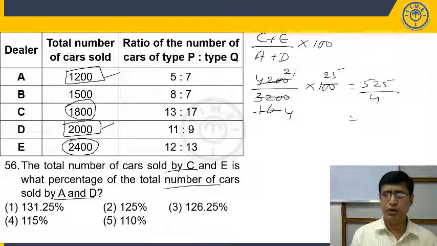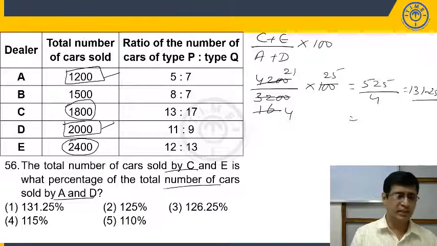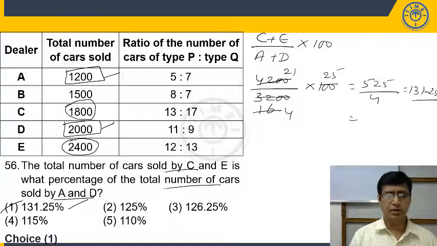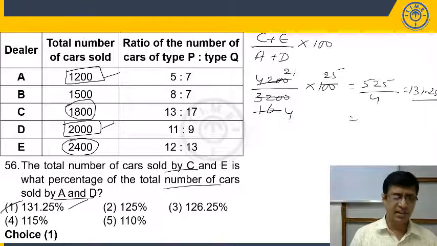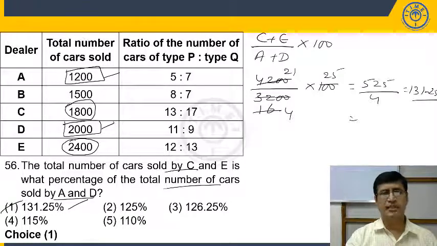How many times does 4 go in 52? It is 13 times. So the result is 131.25. 131.25, right choice, option number 1. First choice is the right choice. Okay. Am I clear? So C plus E with respect to A plus D, we need to find the value.